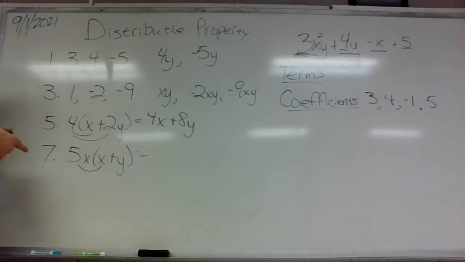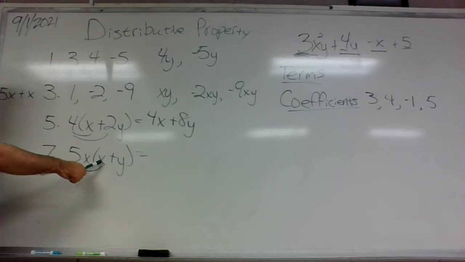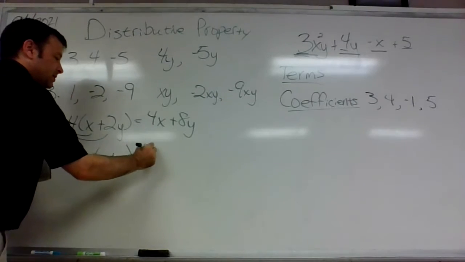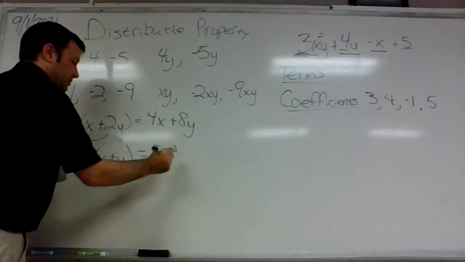Okay, why is it not 6x? What would make this 6x is if we were doing 5x plus 1x. That's 6x. Why is this not 6x? Because we're multiplying. What is x times x? X squared. So some of you said it right. So it's 5x squared.